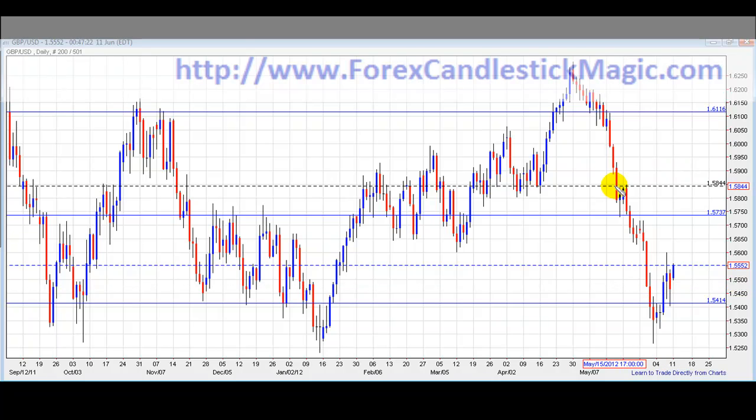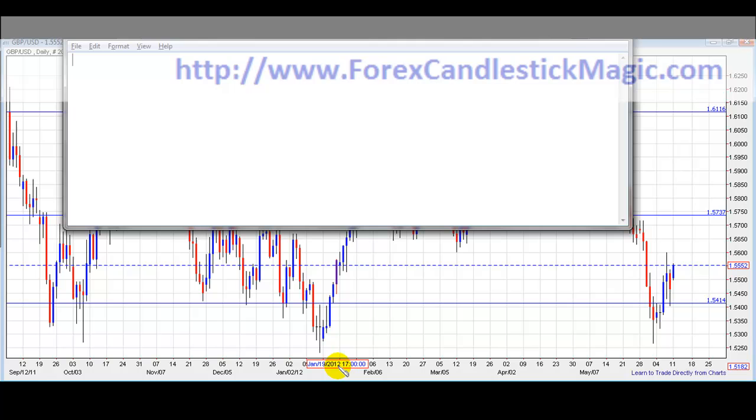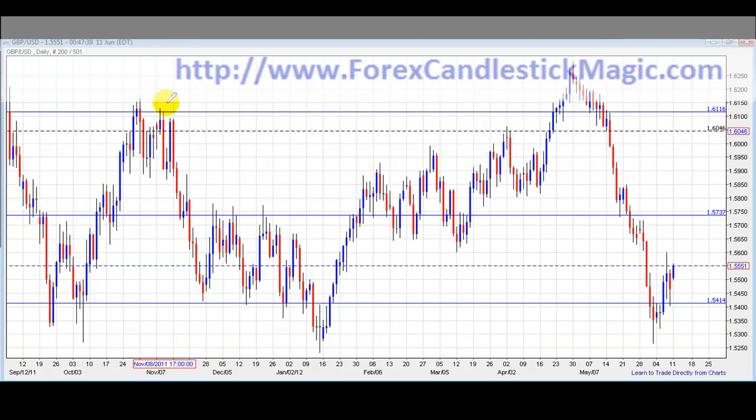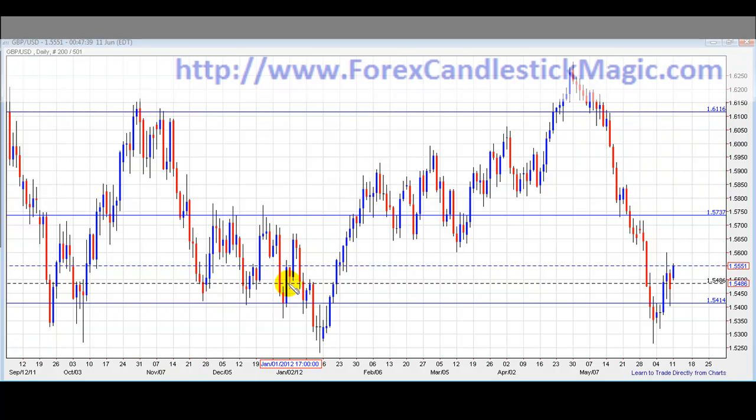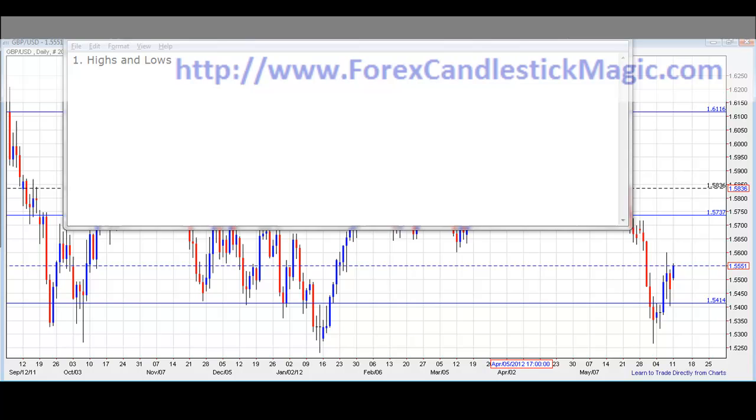Now, what else can I see in this chart? There's one important thing I wanted to tell you. When you plot the support and resistance, there are two types of support and resistance: the highs and lows. That is one, the one that we just now drew. This is a resistance, this is another resistance, and this is another resistance. And the second, of course, is Fibonacci.